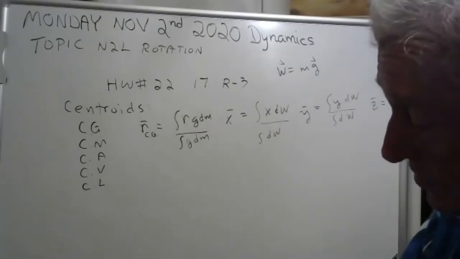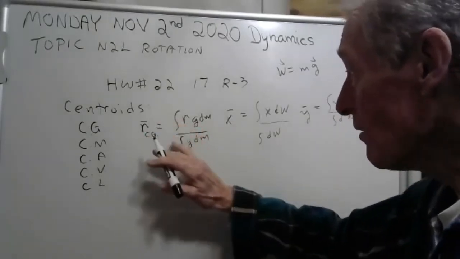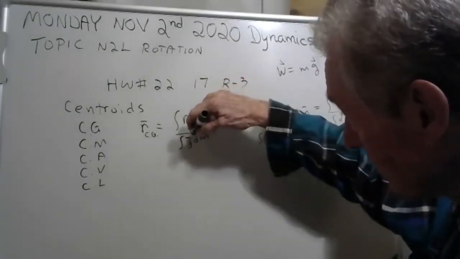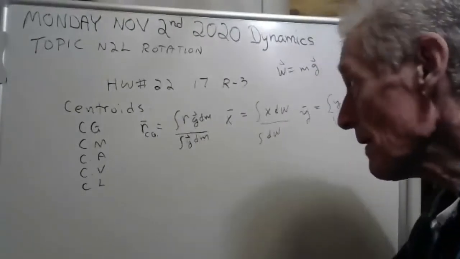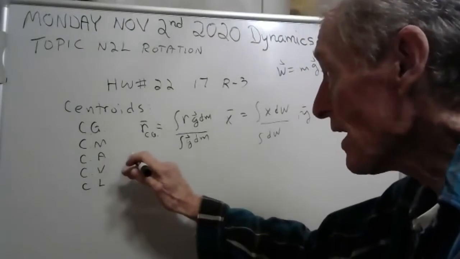If the gravities are all constant, then you could pull the gravities out of these integrals, and they're constant in direction and magnitude, and the gravities would cancel, and you would have a center of mass.